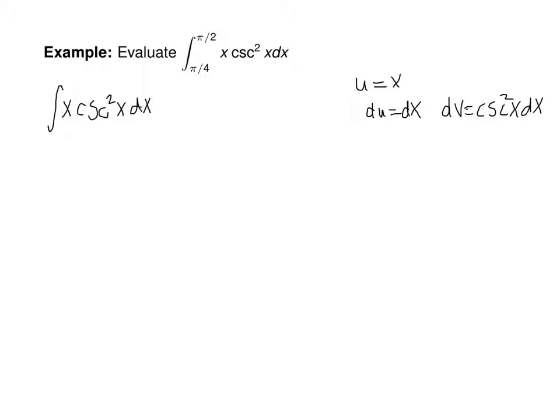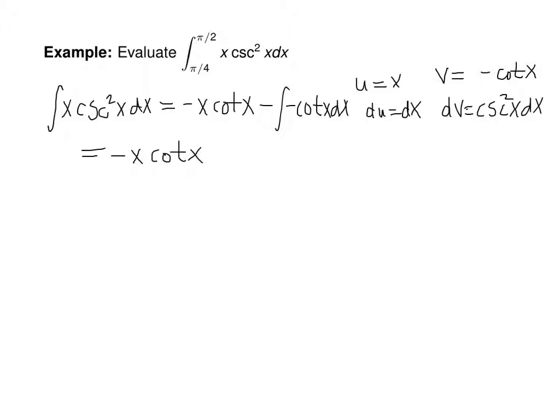And the antiderivative of cosecant squared dx is actually negative cotangent of x. So, this will equal negative x cotangent x minus the integral of negative cotangent of x dx. So that has negative x cotangent of x plus the integral of cotangent x.